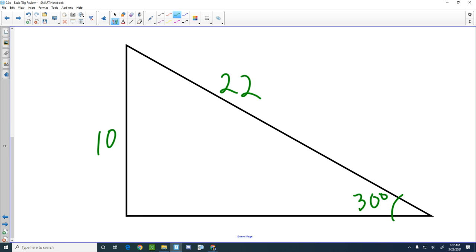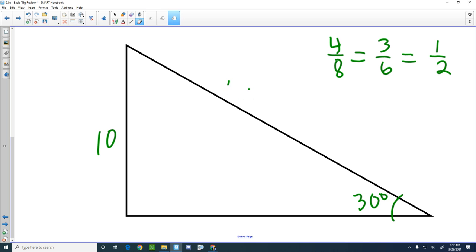It's kind of like how 4/8, isn't that the same as 3/6? And that's the same as 1/2. Aren't all three of those fractions equal to each other? And since they are, that's the same idea as if I had different side lengths.